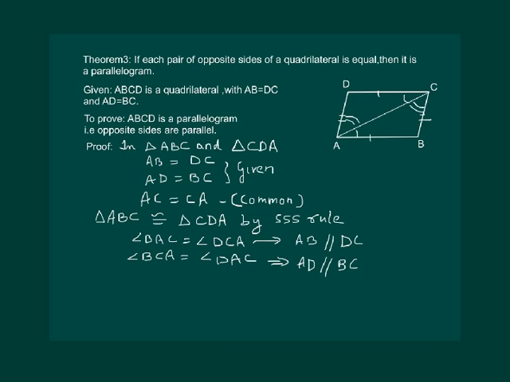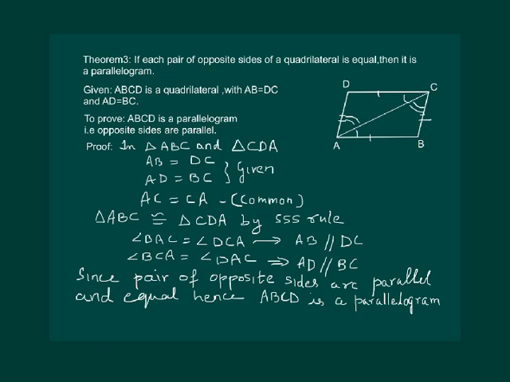Hence, we have proved that opposite sides are parallel. And we would say that since pair of opposite sides are parallel and equal, hence ABCD is a parallelogram.